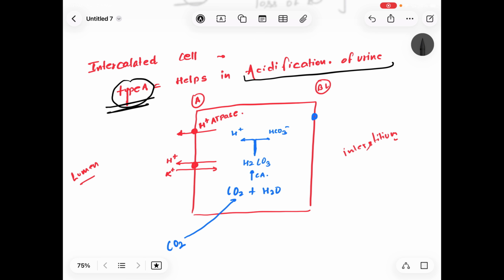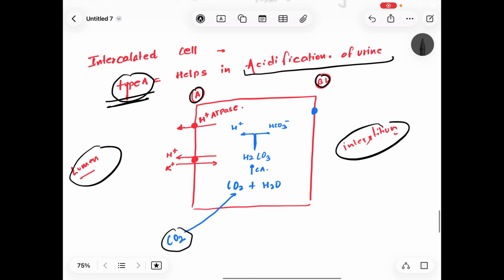Again, we have the nephron. This is apical, this is basolateral, this is interstitium, and this is lumen. So what happens is, the CO2 moves inside the cell. CO2 and H2O combine to form H2CO3. This dissociates to form H plus and HCO3. I told you that this type A cell helps in acidification of the urine.